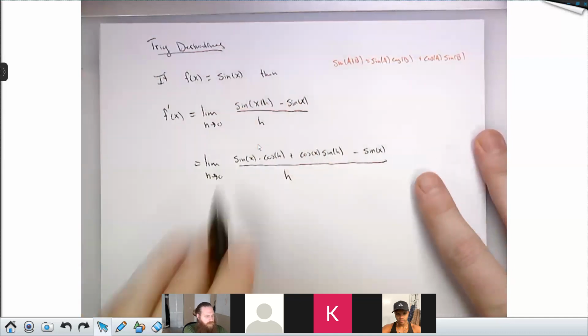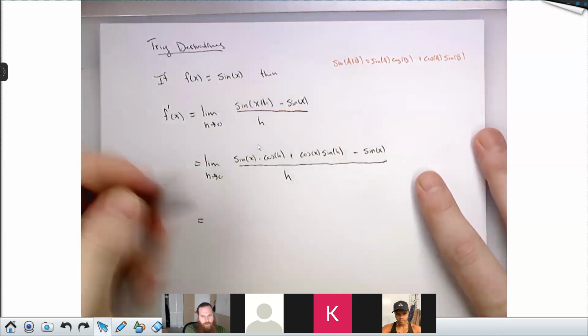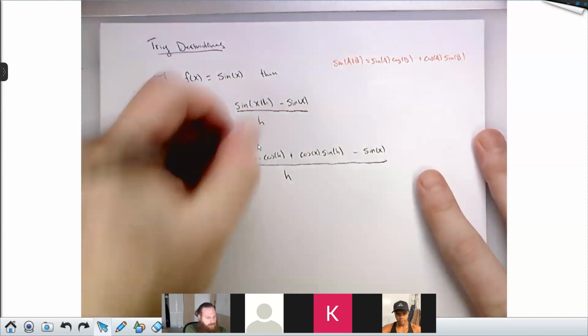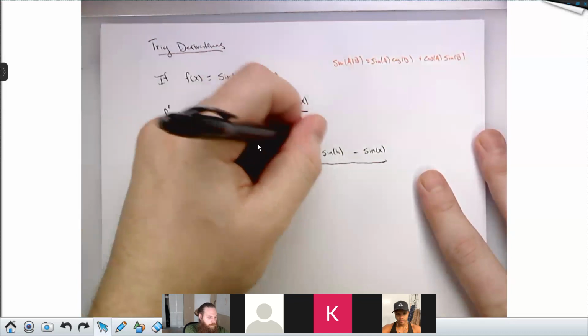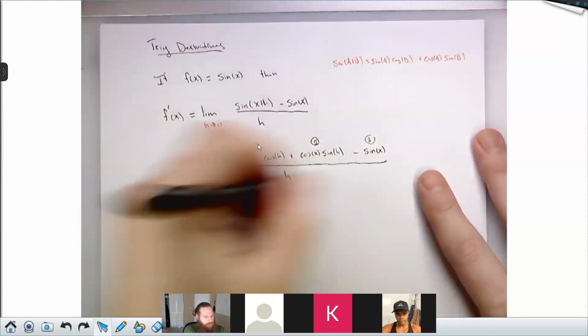And if I want to get something out of this, then think about the proof of the product rule where we grouped some terms. So I'll call this group 1, I'll call this group 2, I'll call this group 3. I'm going to put 1 and 3 together.